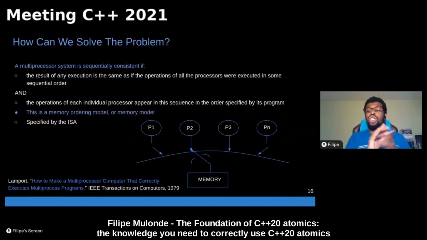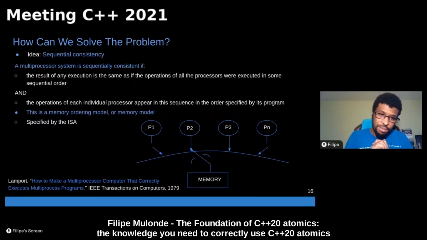So how can we solve this problem, right? An idea is to use sequential consistency. And here I have a formal definition of sequential consistency, but I will use a more abstract way to explain it. In sequential consistency, memory works as a switch.